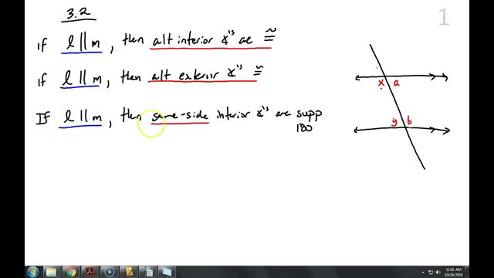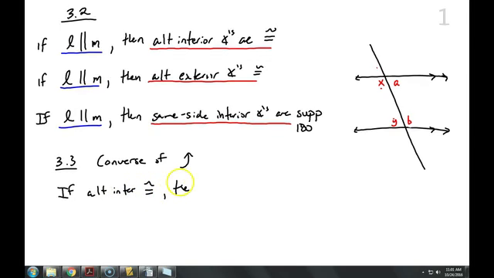Basically, 3.3 was pretty much simply the converse of all three of those above statements. We basically just switched the if and the then. They trade places. So they would read, if you have alternate interior angles congruent, then you have parallel lines, and so on and so forth.